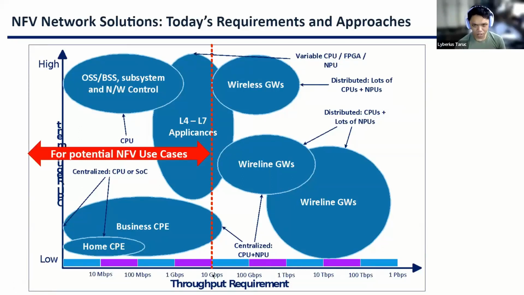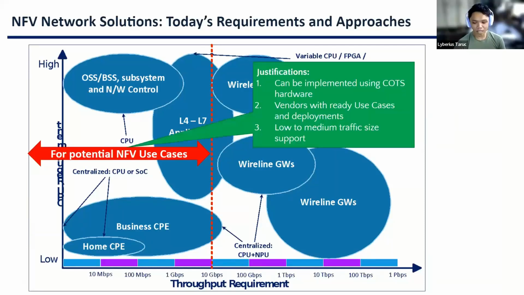In other words, if the network element can support 10 gigabytes, it can be virtualized. This is what's called safe use cases for NFV. But due to the recent technologies that we have right now, we're already entering the age of containerization. We have already jumped that threshold. Nowadays, it's possible for us to deploy NFV use cases that go beyond 100 gigabytes. 300 gigabytes, 400 gigabytes is already possible for us.